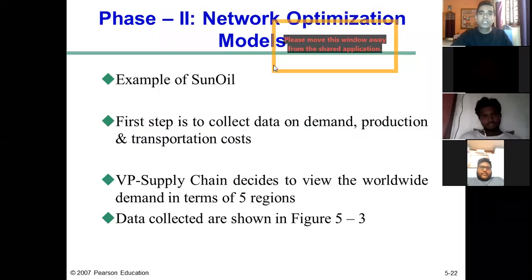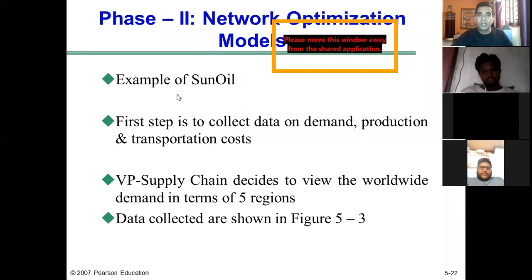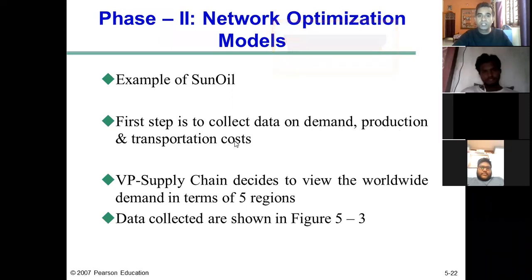In our illustration, which is mentioned in the textbook, we are going to consider the example of Sun Oil. Here we are talking about a petrochemical company, and not edible oil. The first step in using a network optimization model is to collect data on demand, production and transportation costs.